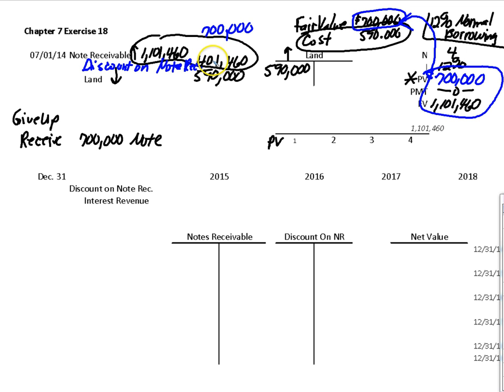So we received a note receivable worth $700,000. We gave up land. Our land in our accounting system had a cost of $590,000. So I just compare what I received versus what I gave up. Well, the difference is $110,000.